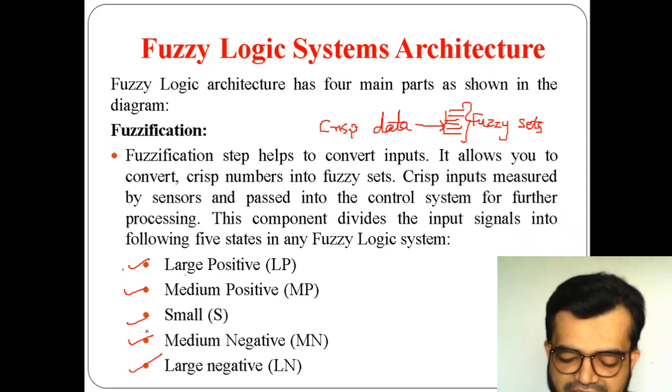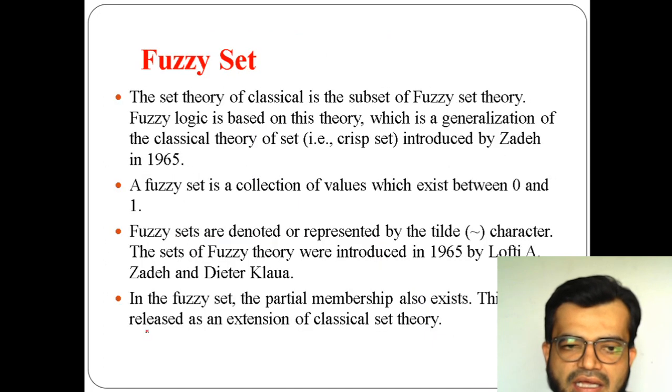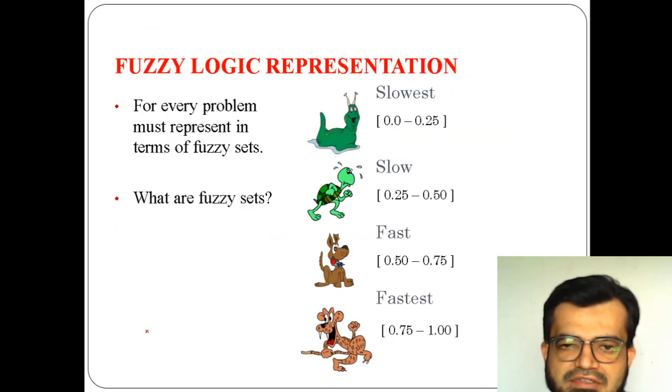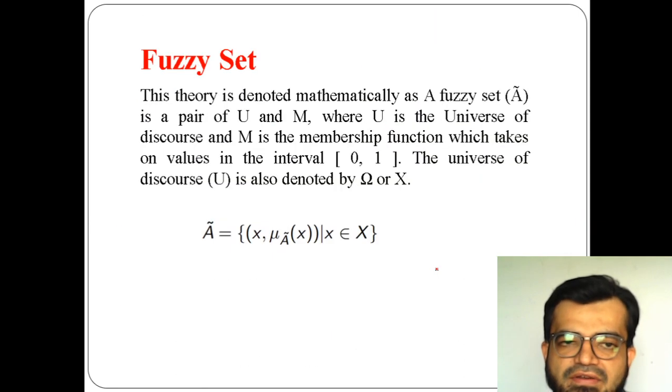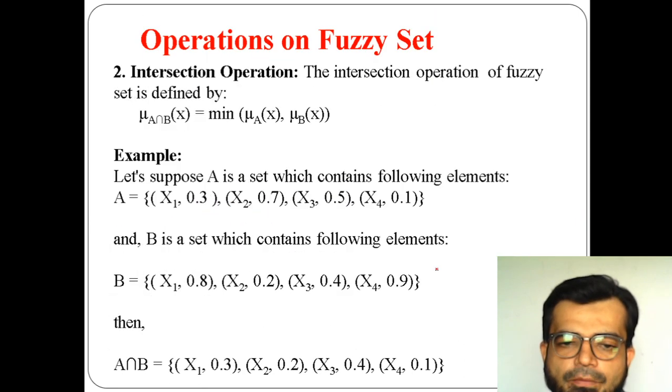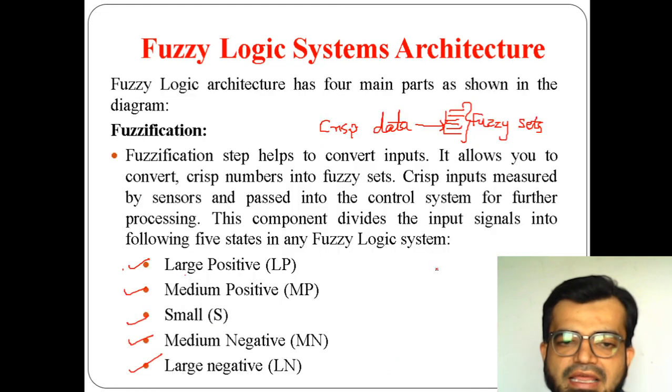Previously, in the previous session, I explained some examples of fuzzy sets, where the data is not clear: values from 0 to 0.25, 0.25 to 0.50, and slowest, slow, fast, fastest are fuzzy sets. How do you operate on this fuzzy set with the help of the fuzzifier?